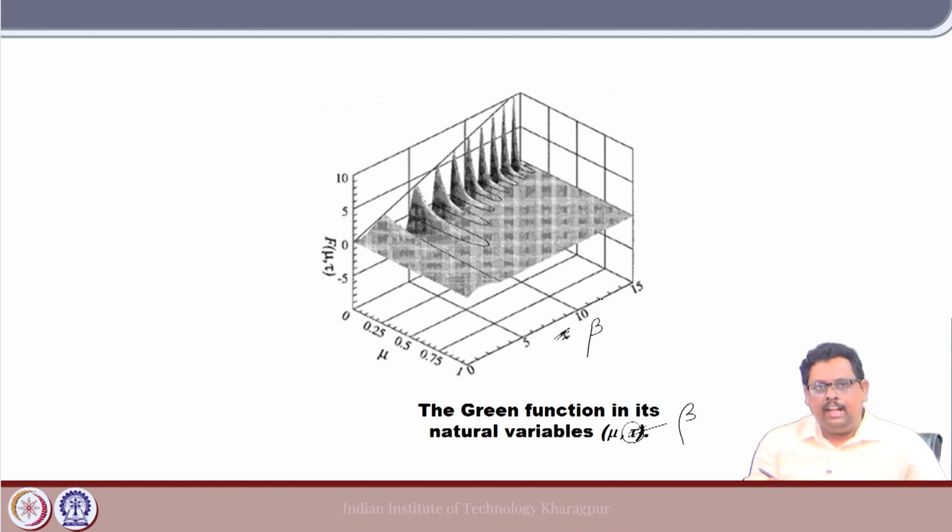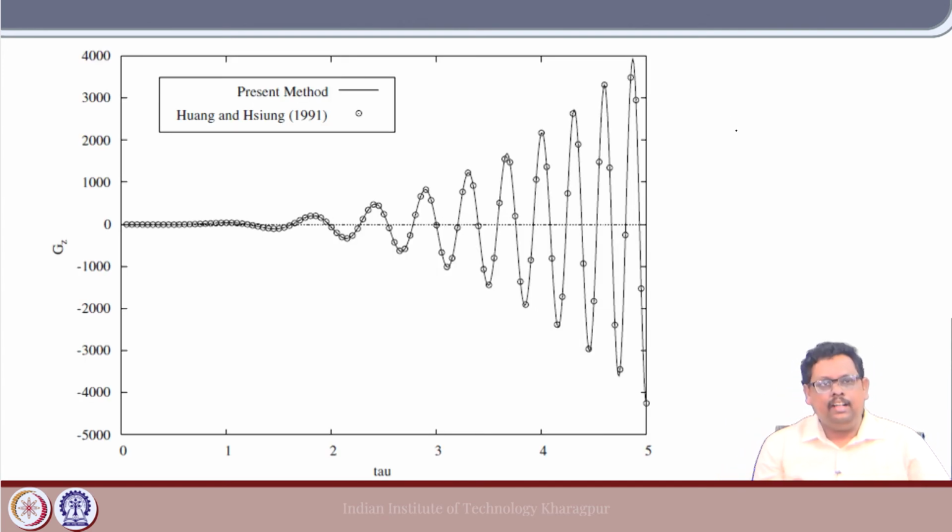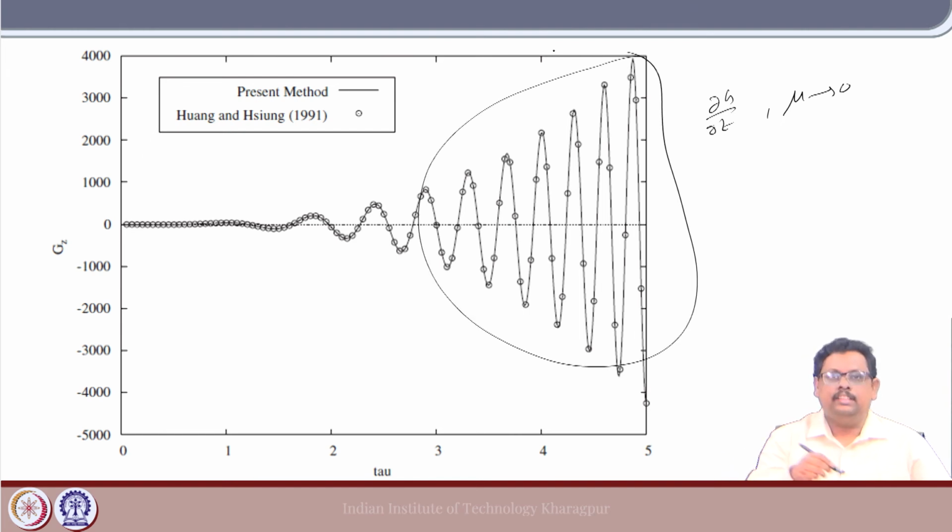I can see that when mu is 0, the Green's function becomes very oscillatory in nature. That means when mu is very close to 0, the Green's function is highly oscillatory. In the next figure, this is the value for del g del z. When mu is close to 0, you can see how divergent it is.